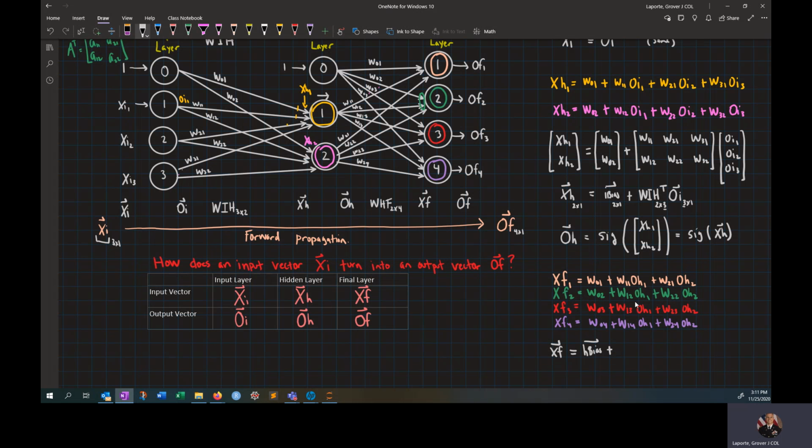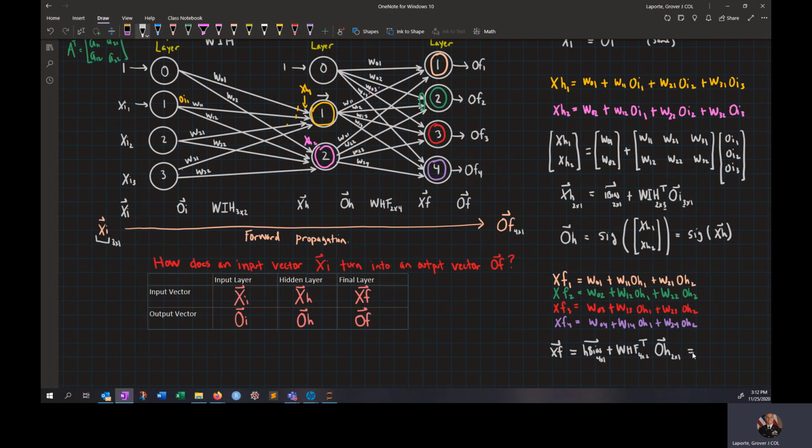And then plus the WHF matrix transpose. So we're talking about this one, and transpose, that would be a 4x2. This would be a 4x1. And then I'm multiplying that by the output of the hidden layer, O output of the hidden layer, which we know is a 2x1.